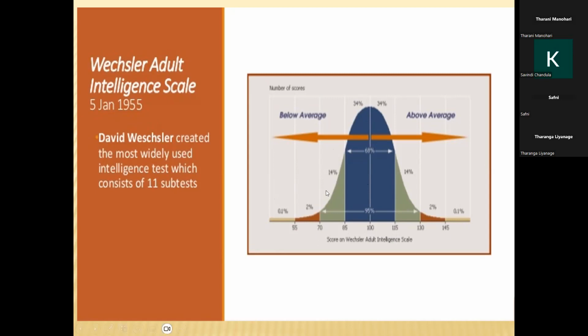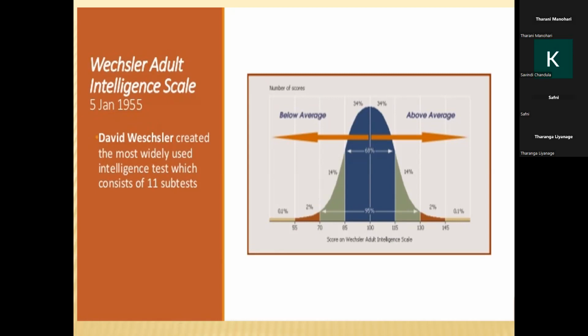These 16% of people need a lot of help from us. Among them also, we have about 14% between 70 and 85. And below that we have 2%, 2.1% or so, below 70. It's very difficult with these people, the mentally retarded people.